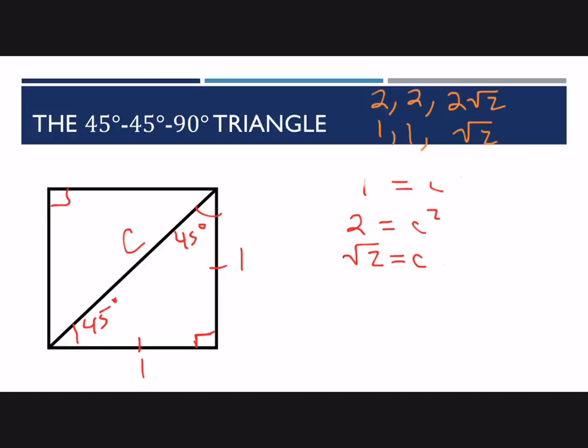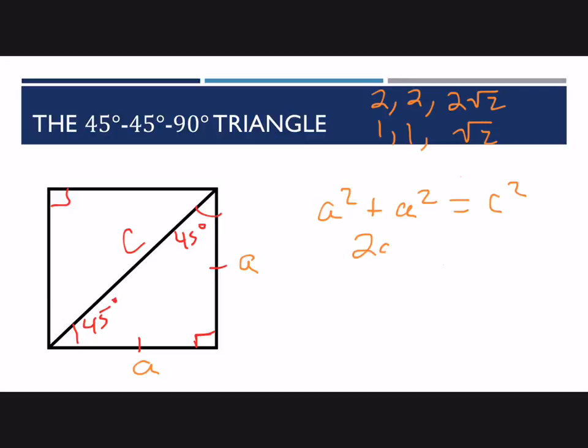All right, or in general, let's say that the two side lengths measured A, then we would have A squared plus A squared. And I don't need to call it B because I already know that it's the same length as the first leg.